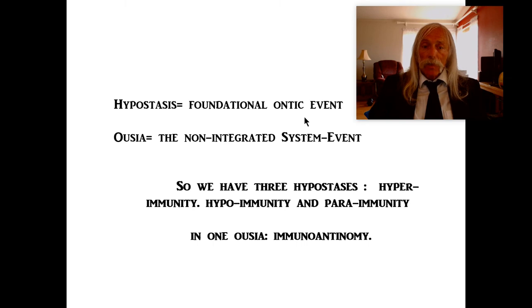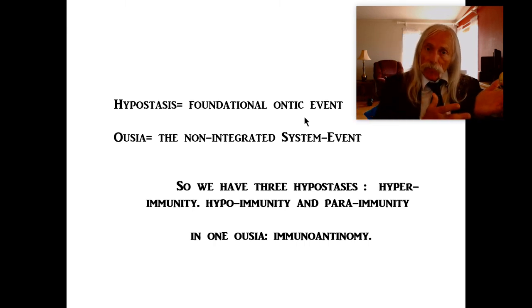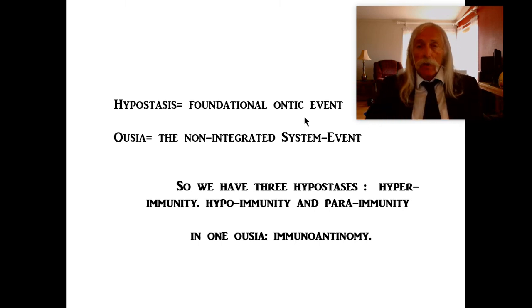So in one ousia, you have 3 hypostases: hyperimmunity, hypoimmunity, paraimmunity, because of the indulgence of pharmaceutical grade glucocorticoid introduction to suppress the immune response. And if it's done at the wrong time, it can destroy, for example, that interferon response. And directly, we were looking at the coronavirus paradigm.